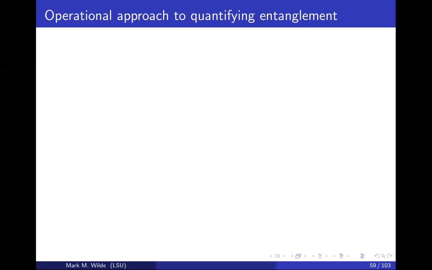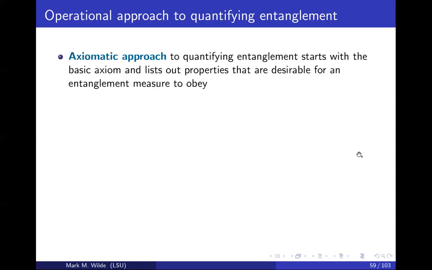Okay. So now we're going to move on to the operational approach to quantifying entanglement. The topic of last lecture was the axiomatic approach to quantifying entanglement. What do I mean by this?